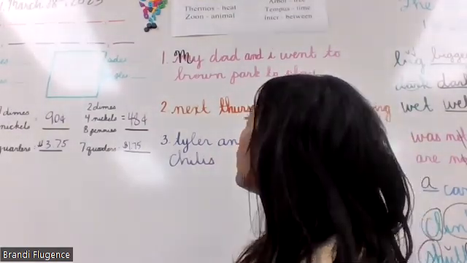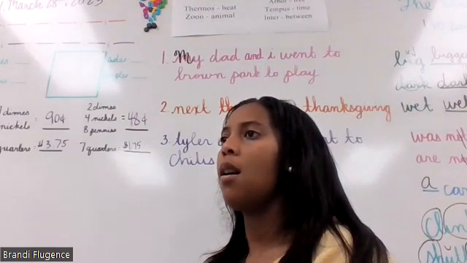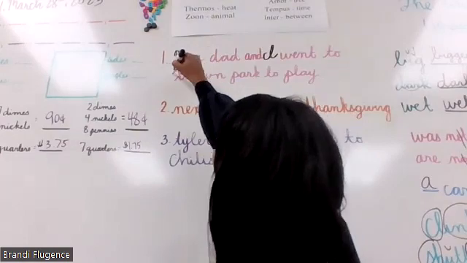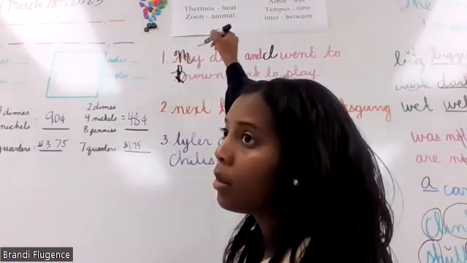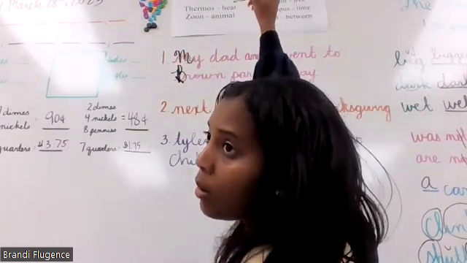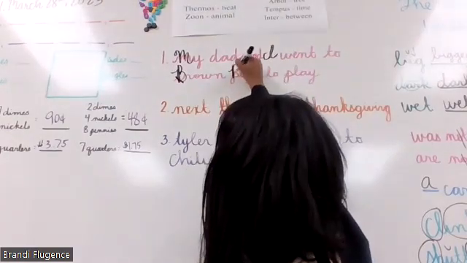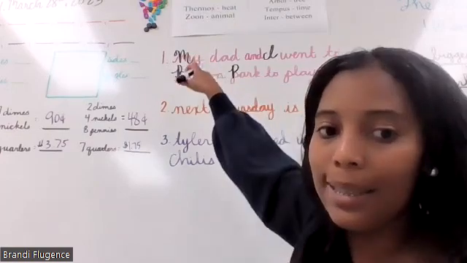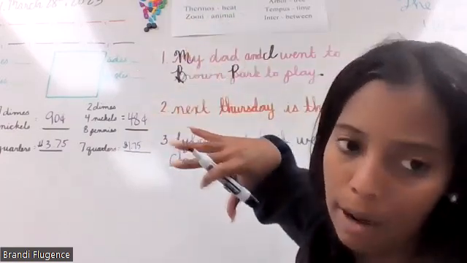Yes, but there's something before that. Capitalize I. Yes, then we capitalize B in Brown, and P. Guys, remember, yesterday I said that when it's two separate words, you still have to capitalize it. Brown Park is the whole name of the proper noun.